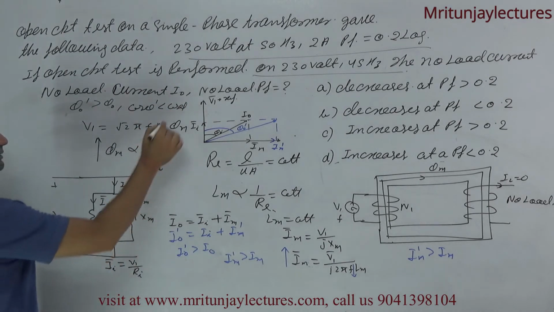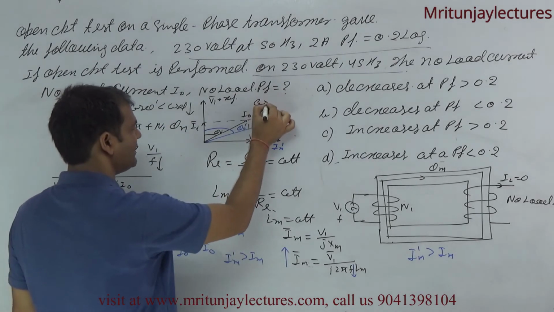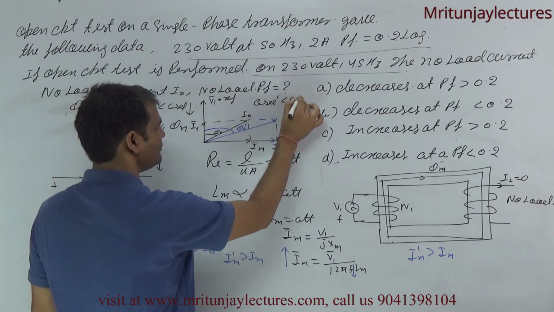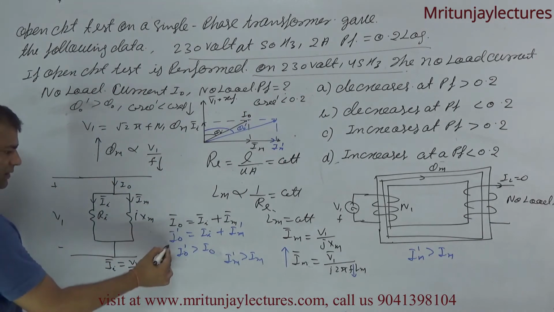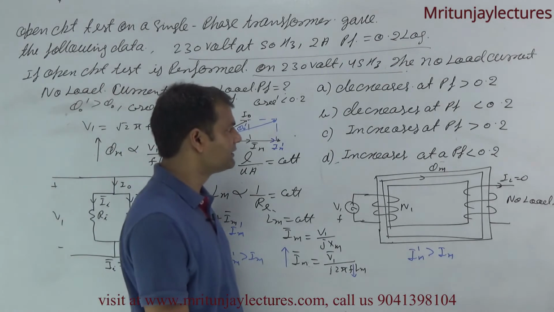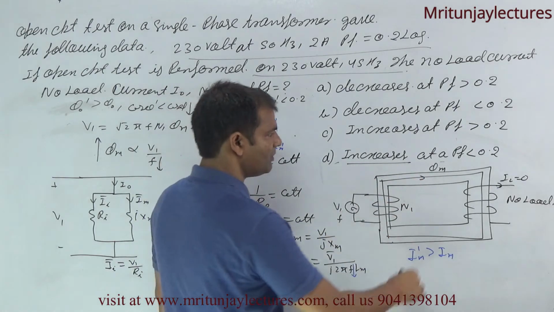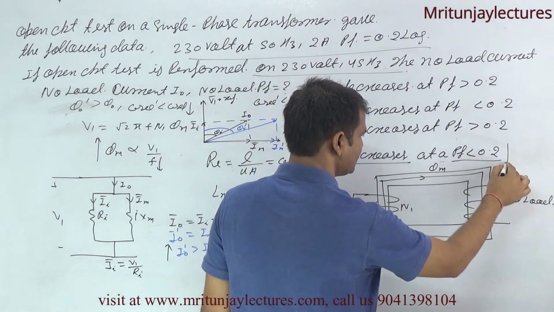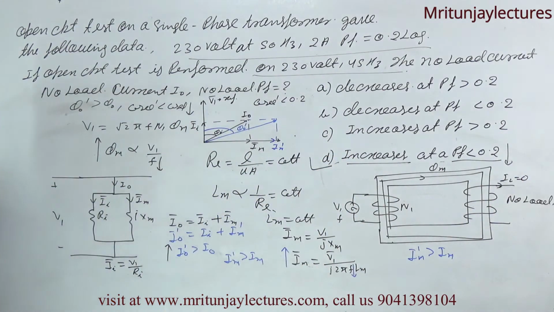So the power factor decreases, it means cos phi dash is less than 0.2. But what about the no load current? It increases. But what about the power factor? It decreases. Which one is the correct option? D is the correct option. Is it clear?